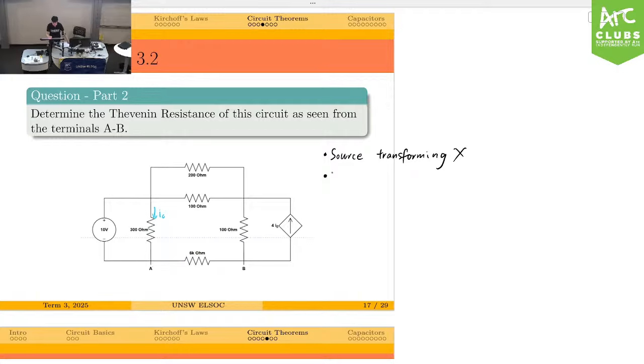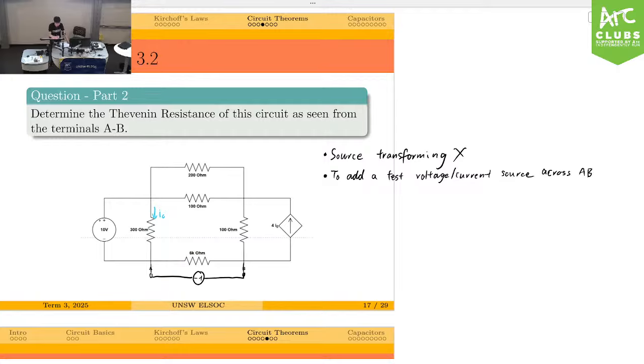Our second method is to add a test voltage source or test current source across AB. So if I have terminals AB here, we do something like this.